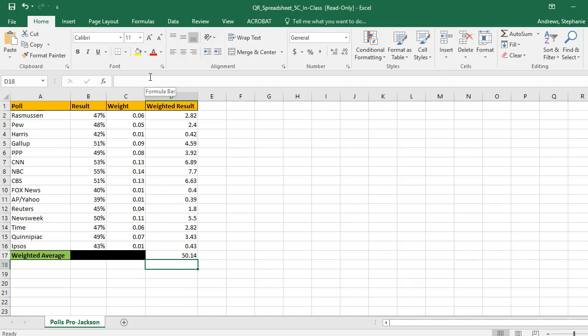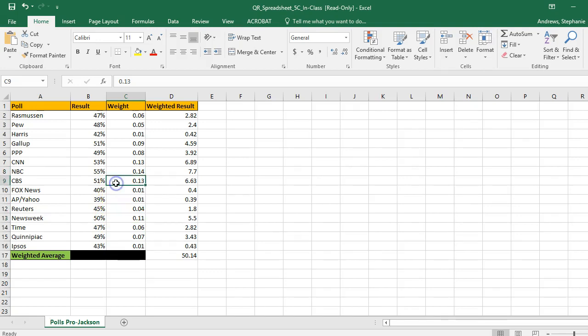Finally, question 7 says, which polls appear to be more recent or have the largest sample size, and why, and how does this affect your final answer? If you start looking over here at the weights, where you have like a 0.13, so CNN, NBC, and probably Newsweek.